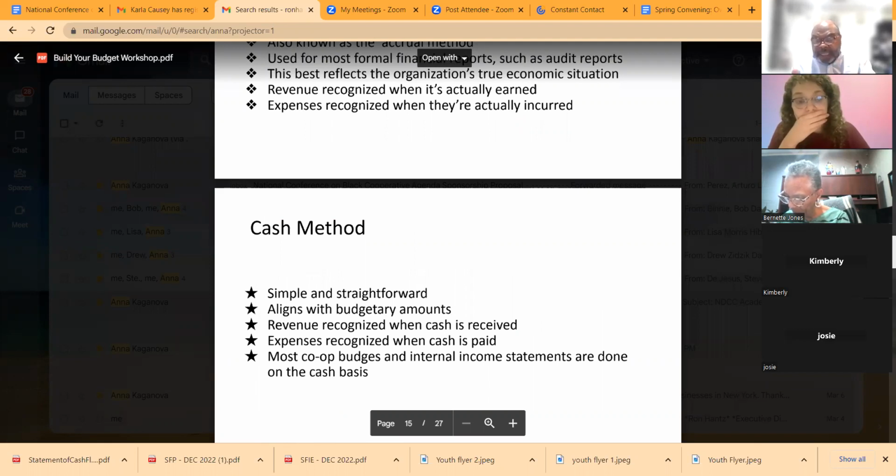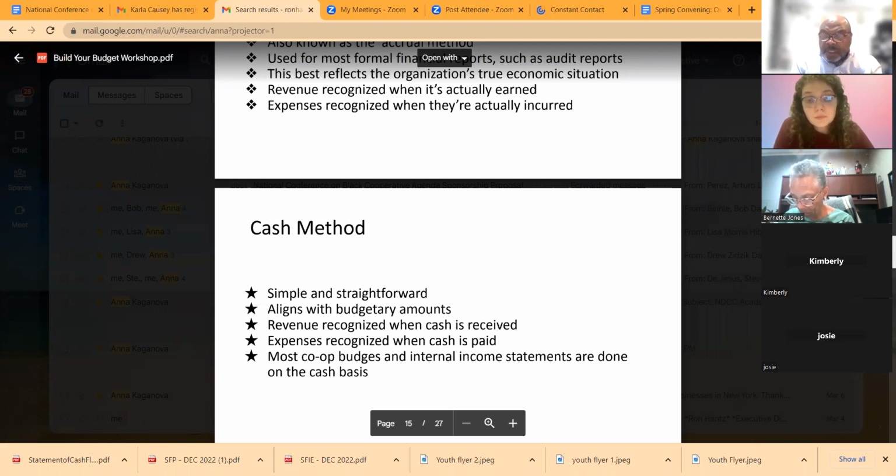So if it's not received, then it's the GAAP method. When an exchange of cash is done, that's the cash method, because you're actually receiving cash. And expenses are recognized when the cash is paid to the expense.